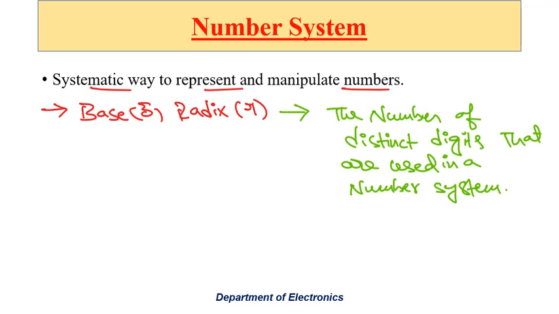So that's the meaning of the base. So for every number system, we define this value. So this value tells you how many distinct digits are used in a particular number system.